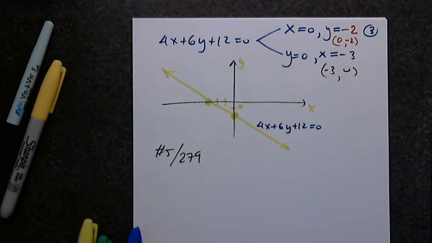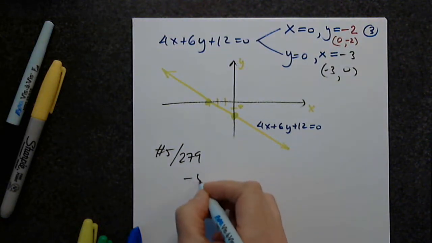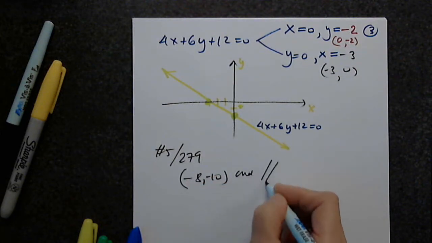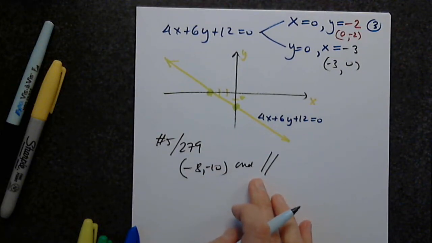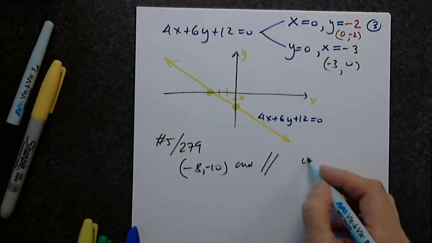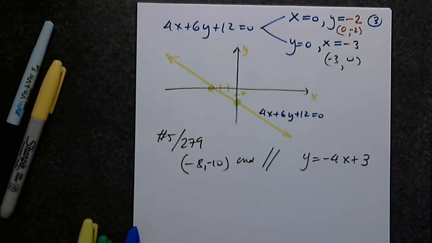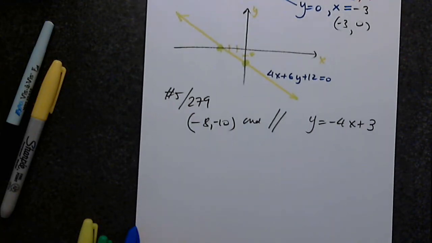Okay, so in problem 5, we are asked to find the equation of a line passing through -8, -10, and parallel, this is the symbol for parallel, to the line whose equation is y equals -4x plus 3. So let me give you the setup one more time.